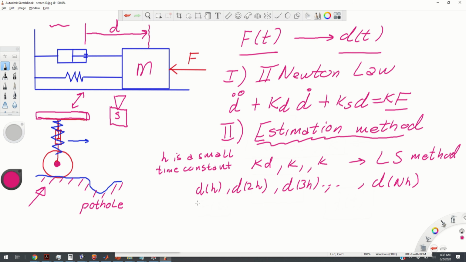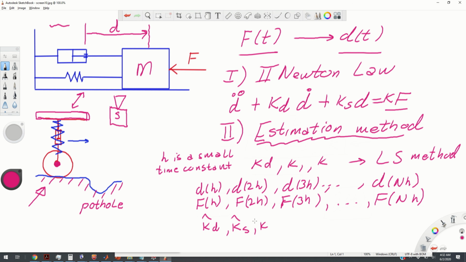and having information about the force at discrete time instants, etc., until nh, we can form a least squares problem and we can estimate the constants Kd, Ks, and K. This is a basic estimation approach, and there are many methods used to estimate these constants using experimental data.